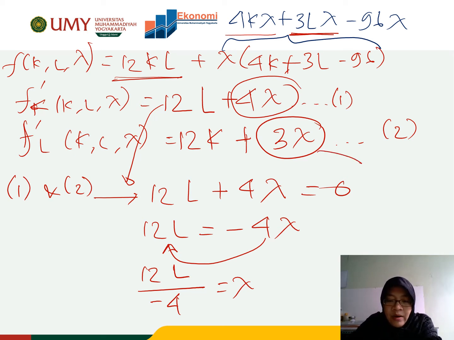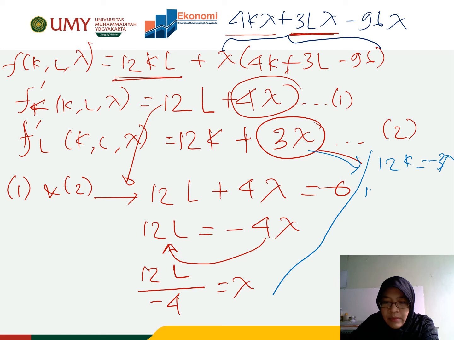And in this part, let me use another color. You can make it 12K equal to minus 3 Lagrange.